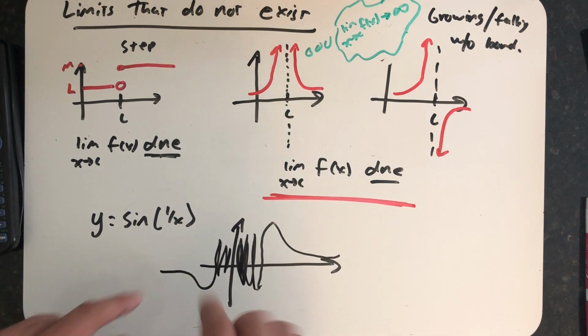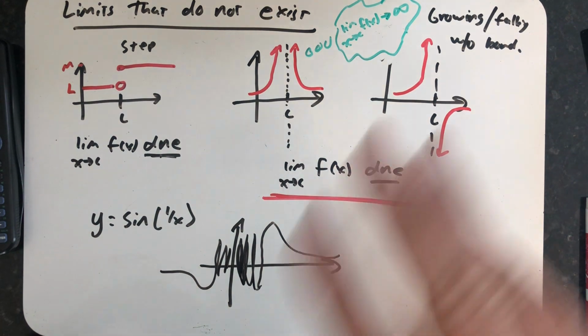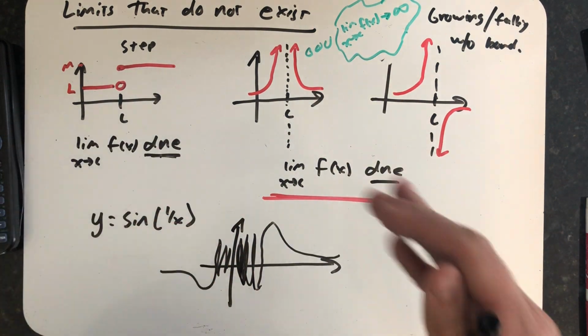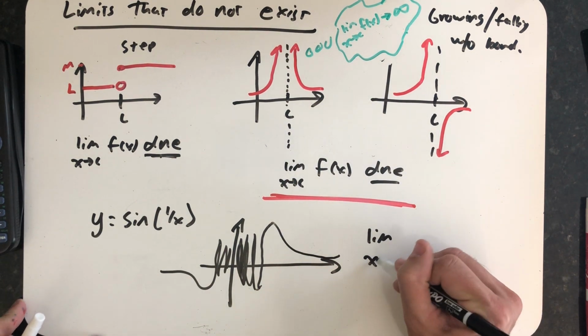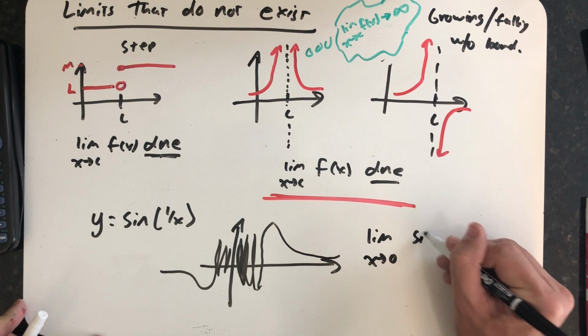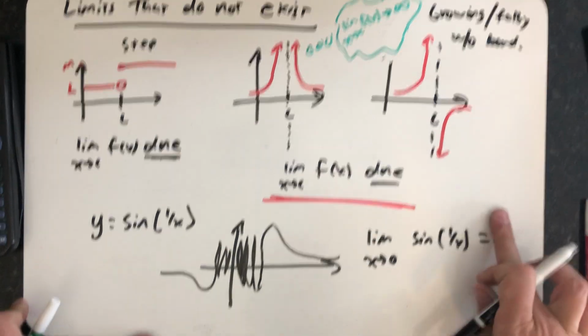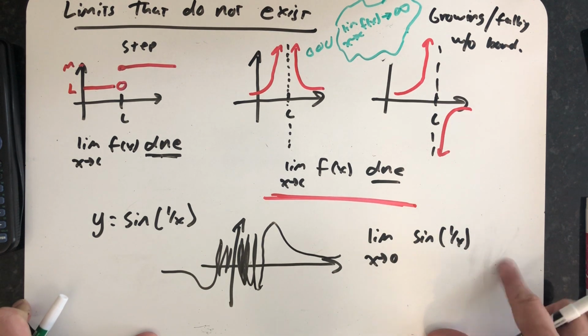As I get close to 0, 1 over 0 is a really big number. So sine just keeps trying to oscillate. The closer to 0 you get, it is oscillating more and more. And because of those oscillations, the limit as x approaches 0 of sine of 1 over x is in fact not 0. The whole point is to say it does not exist.